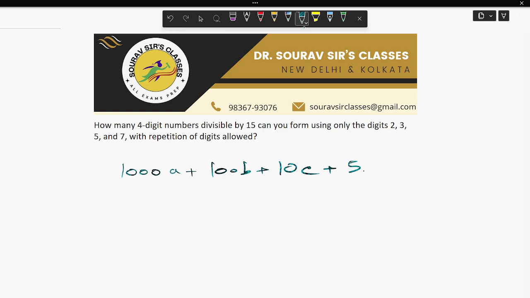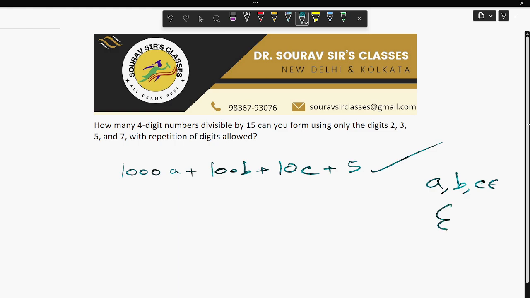As our digits are 2, 3, 5 and 7, we have to put the 5 in the last position, so that is confirmed. So we only have to play with A, B and C. The entries of A, B and C will come from 2, 3 and 7.